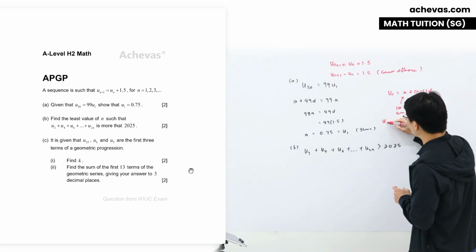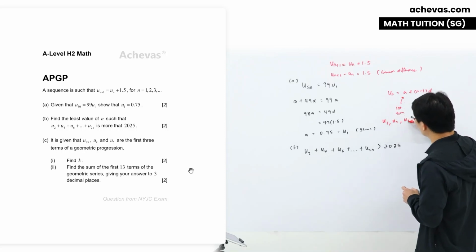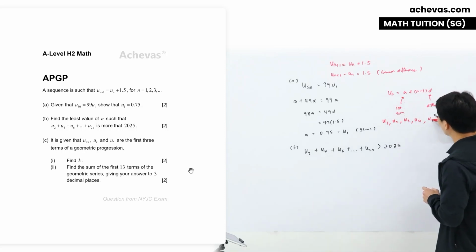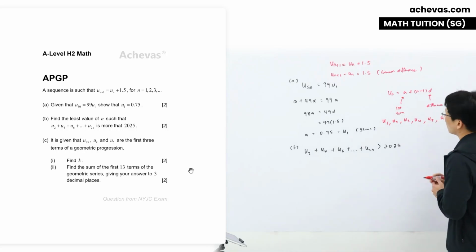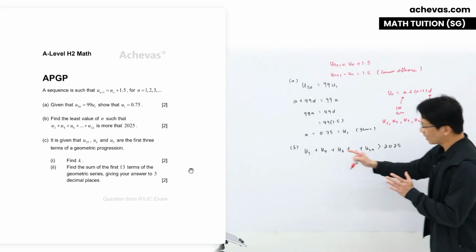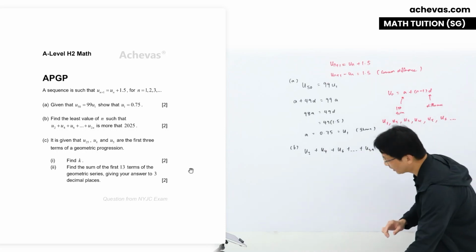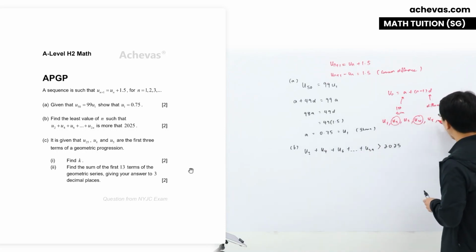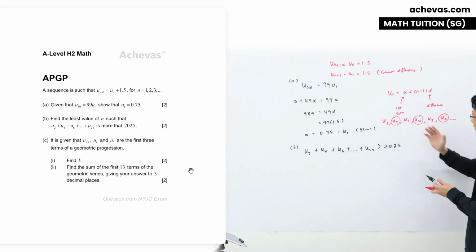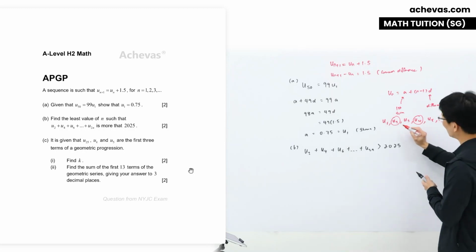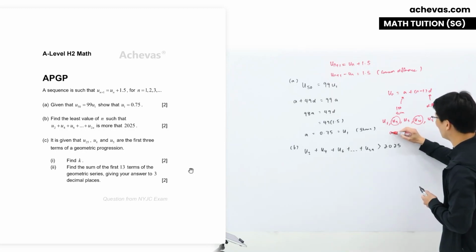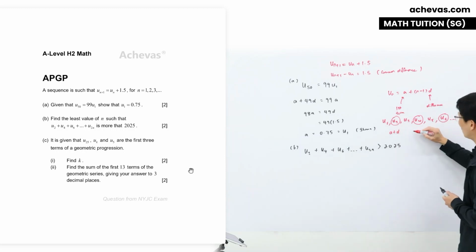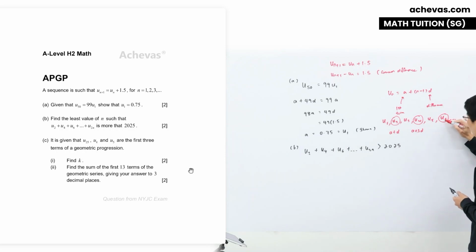We have U1, U2, U3, U4, U5, U6. If we extract out all the even terms, this term, this term, and this term, since this is an AP, U2 I can rewrite as a plus d, U4 is equal to a plus 3d, and U6 is a plus 5d.